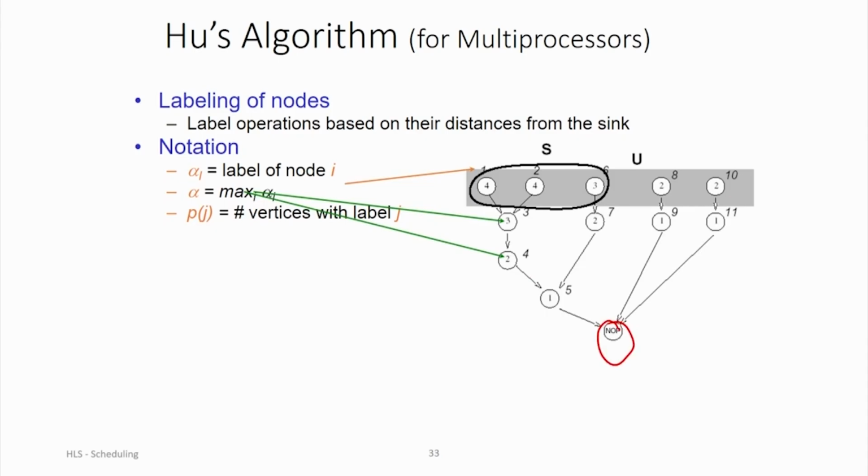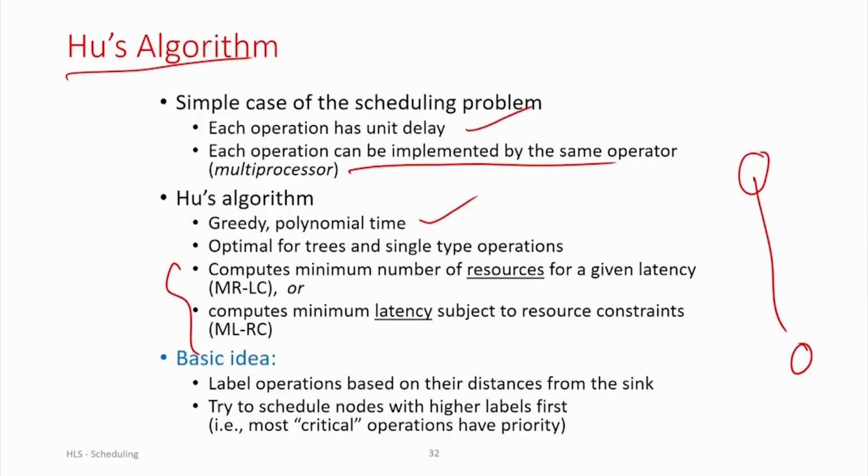This is my sink node, and I am trying to find out the distance, which is nothing but the critical path length, right. The distance of this node is 1, this node is 2, this node is 3, this node is 1, 2, 3, 4. For this node also 4, this is 3 because 1, 2, 3, this is 2, this is 1, 2, this is 2. So, I assume these values for each operation, right.